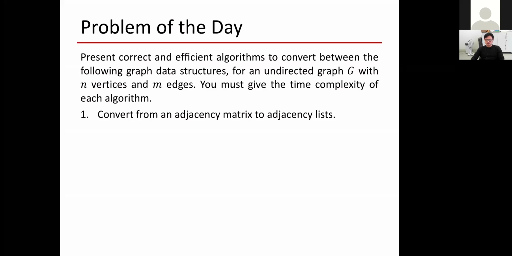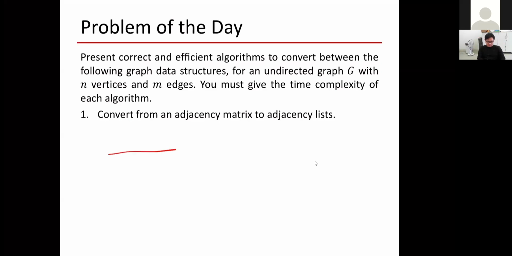Okay, so let's solve this. You understand that, right? We have a graph structure. One is structured as an adjacency matrix, and I want to convert it to an adjacency list. What's the fast and efficient way to convert it from adjacency matrix to adjacency list?